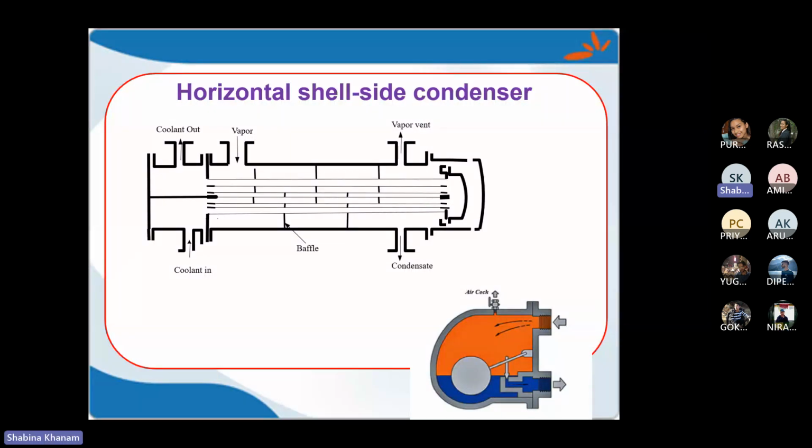So good morning to all, and in today's class we will discuss the design of condenser, which we started in the last class. In the last class we completed Bell's method, and I gave you two problems to solve.